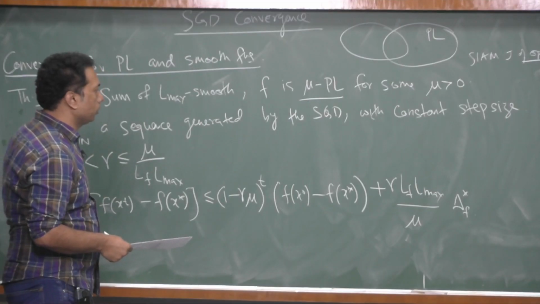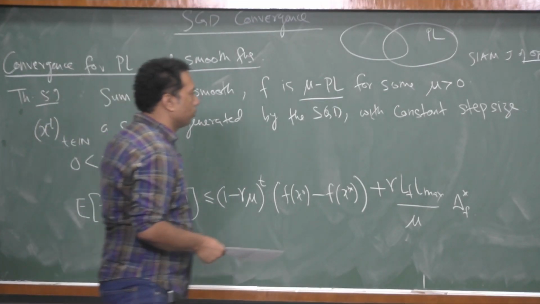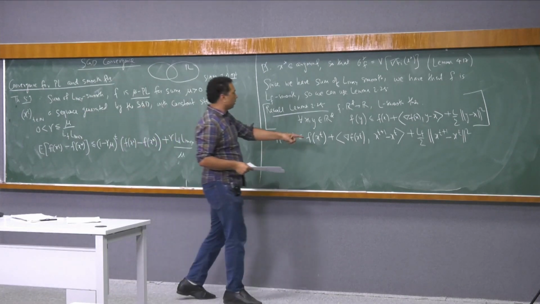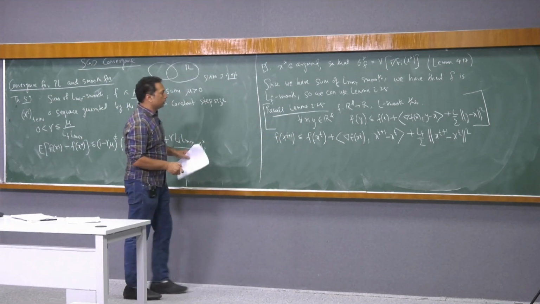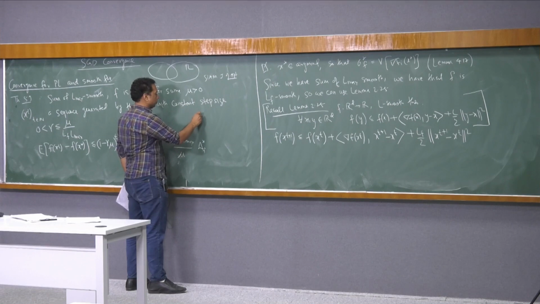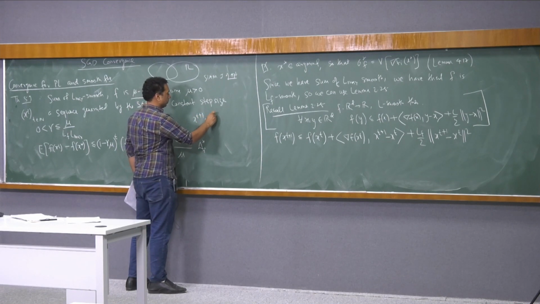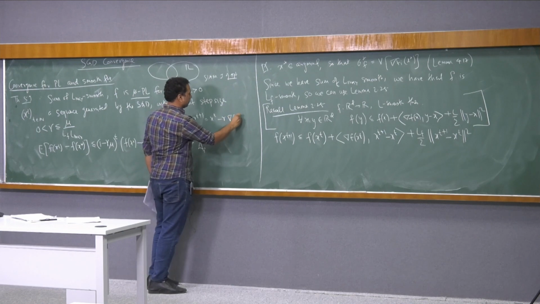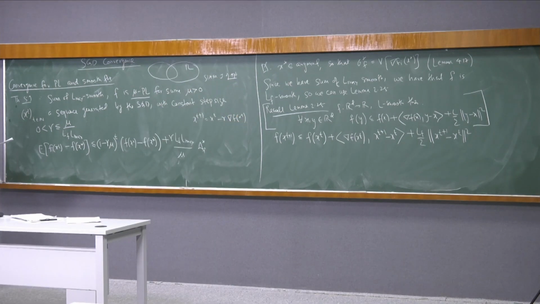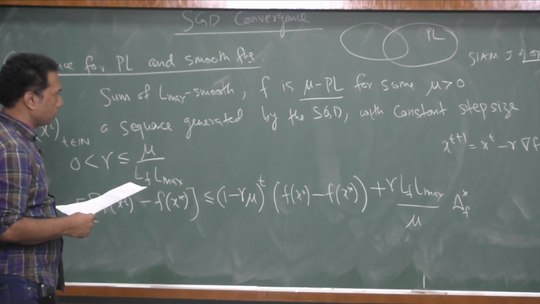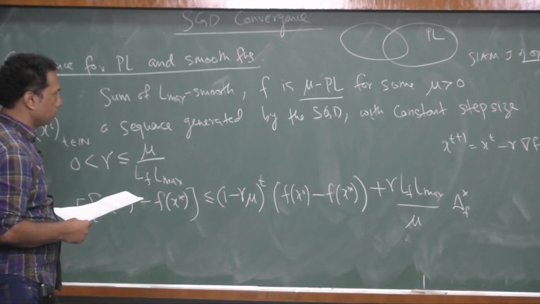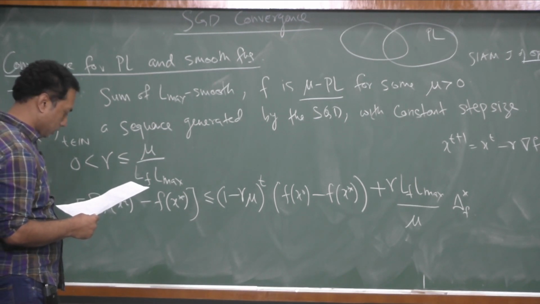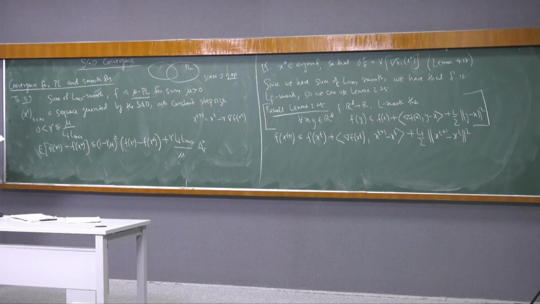So one thing we know is xt plus 1 and xt, they are related via SGD. So we can substitute xt plus 1 minus xt as minus gamma grad fi of xt. We can do this in the second term as well as the third term.